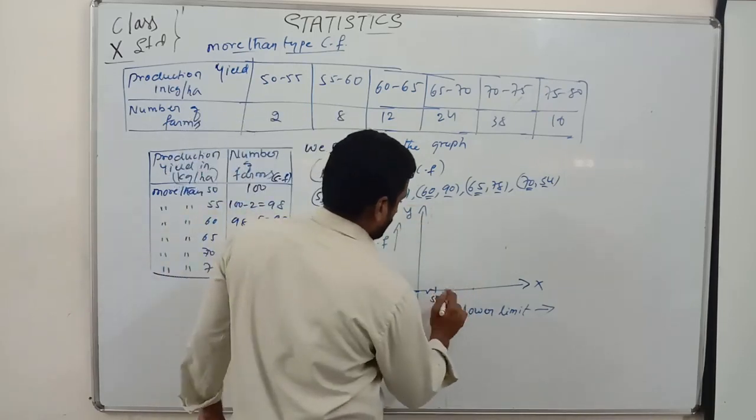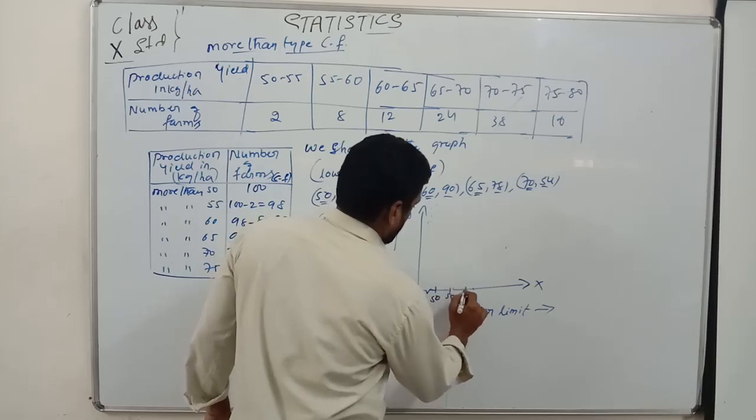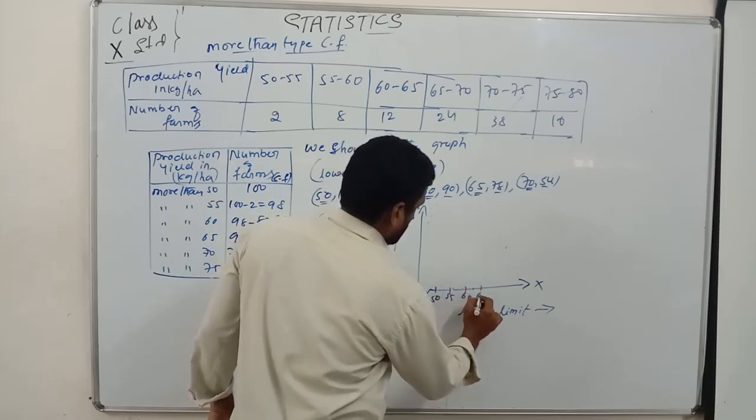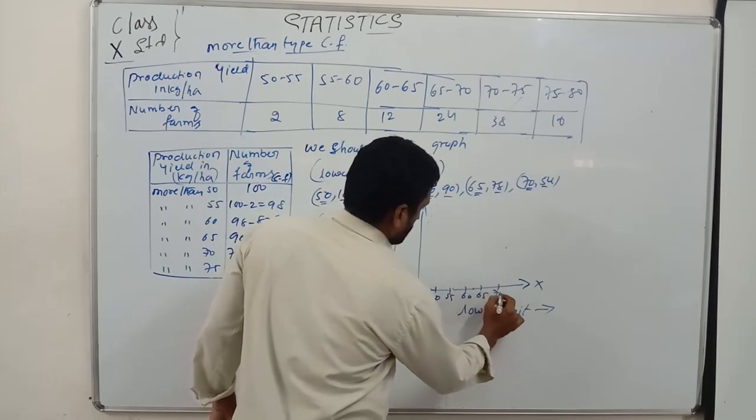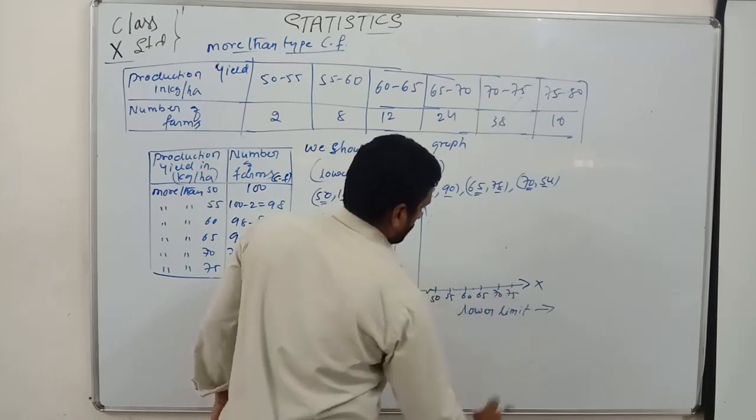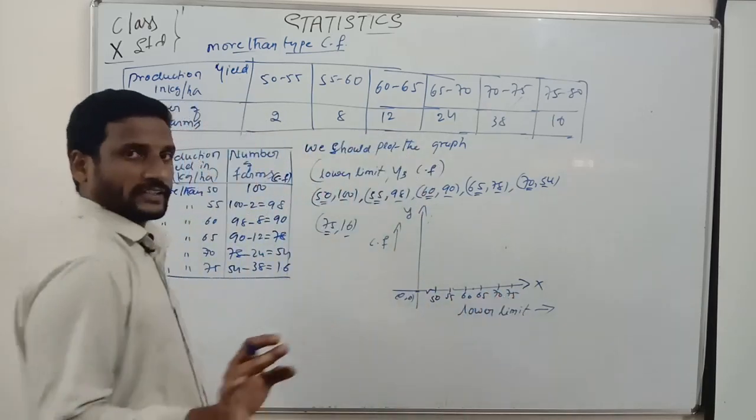So here 55, 60, 65, 70, 75. This is the lower limit along the x-axis.